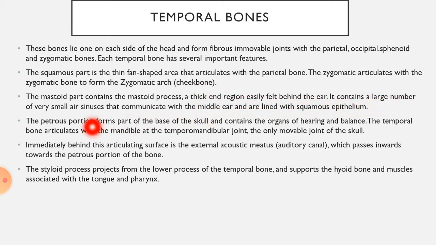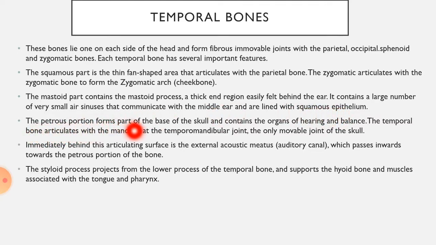It contains a large number of very small ear sinuses that communicate with the middle ear and are lined with squamous epithelium. But these are not the paranasal sinuses and they will not drain into the nasal cavity. They are lined with squamous epithelium, not ciliated mucous epithelium.